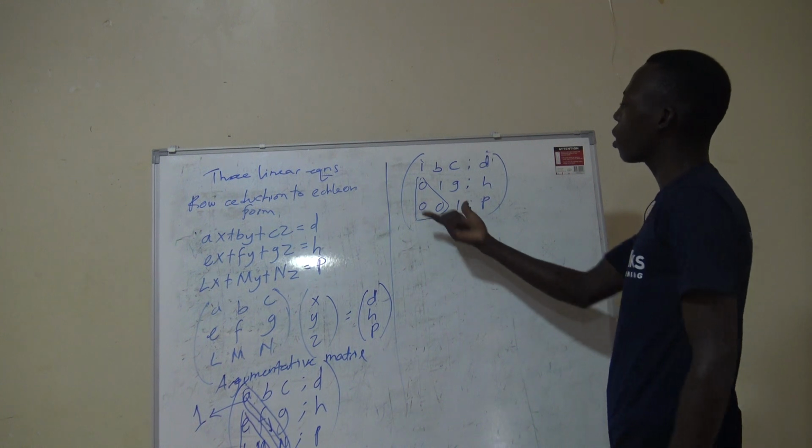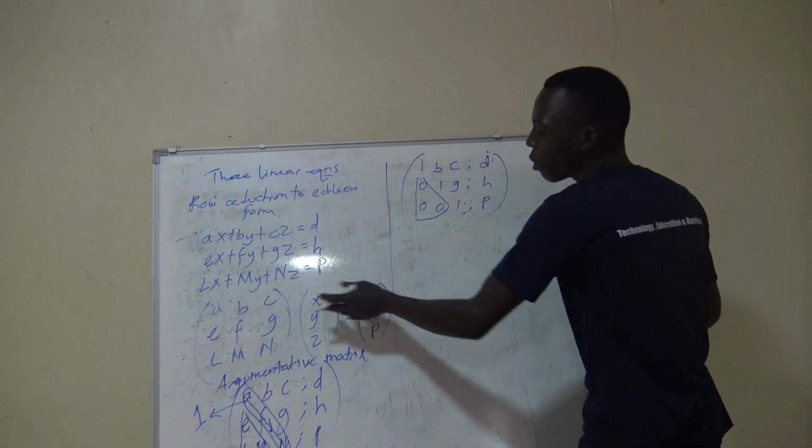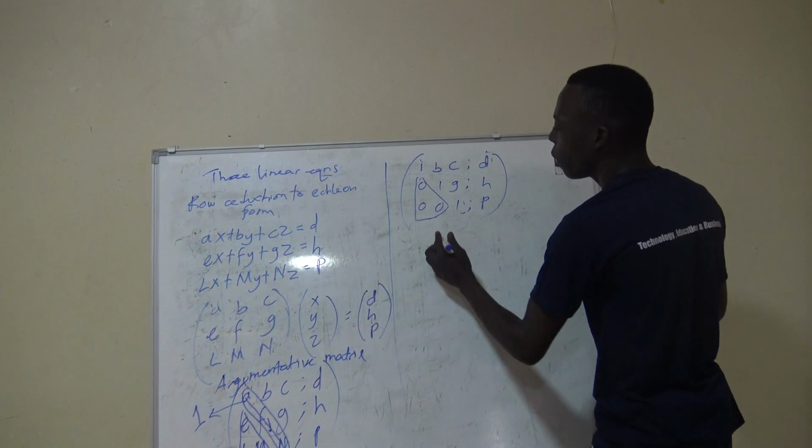After getting this in the form of 0s and 1s, you represent it the way we had it at first.